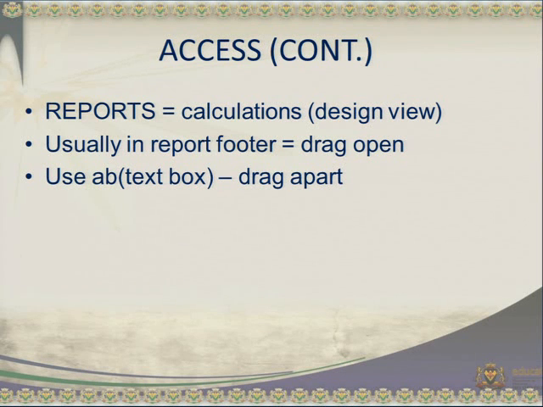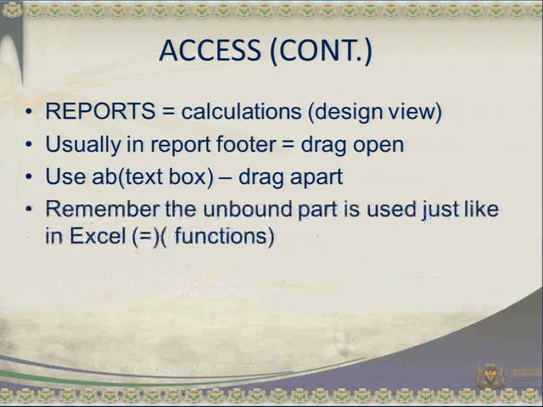You must use, on your ribbon, the AB, in other words the text box, and when you click in that report footer, you will see that they are sometimes interlinked. You just drag them apart.